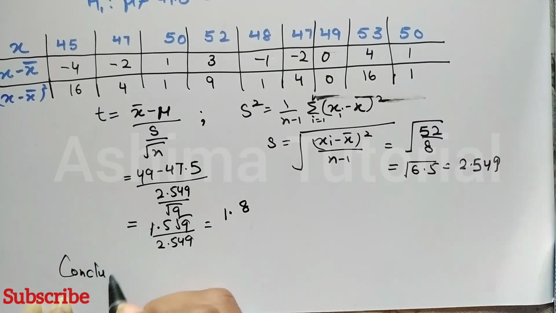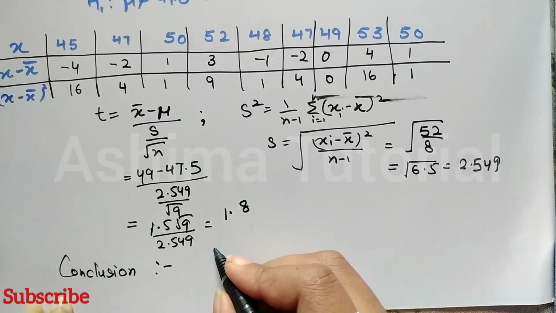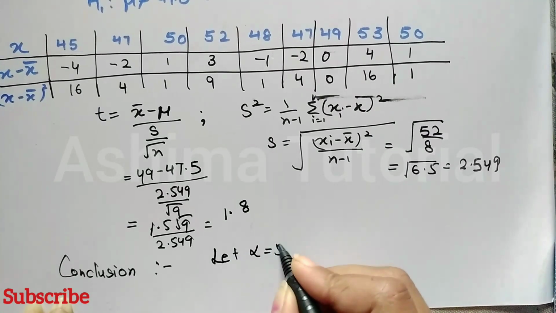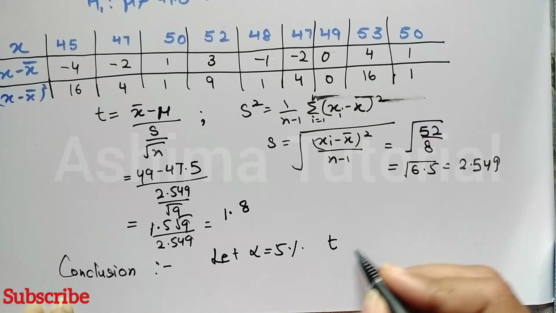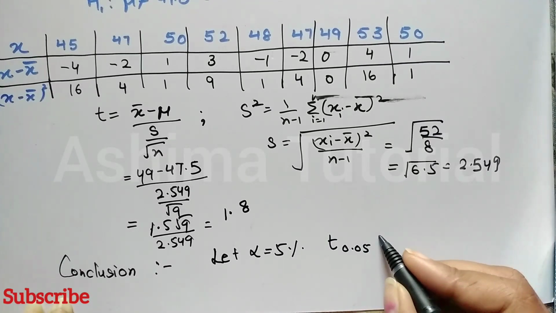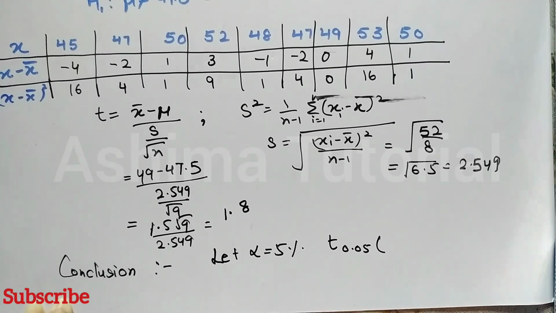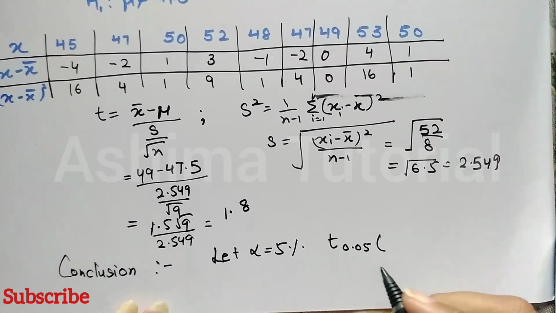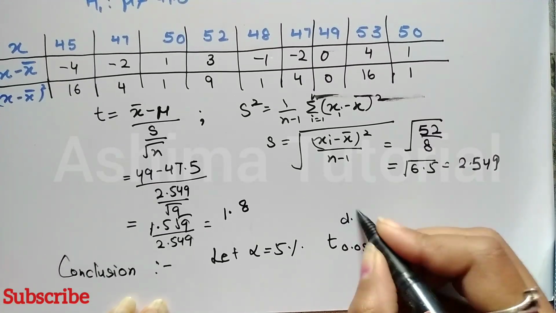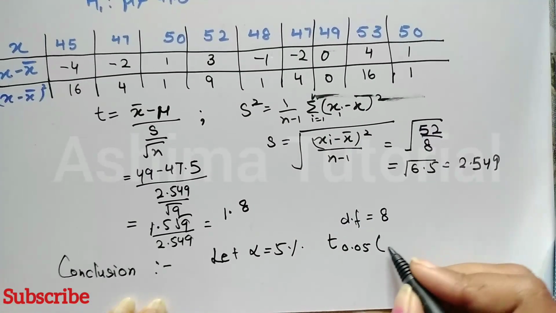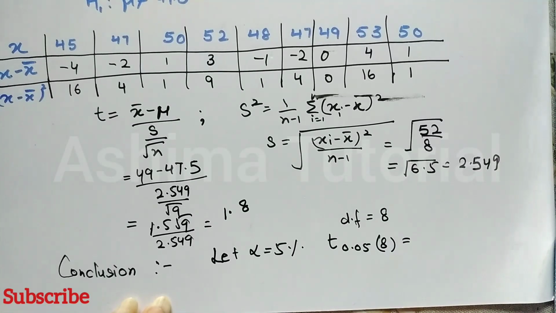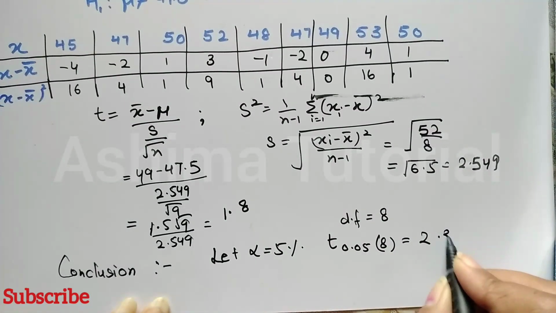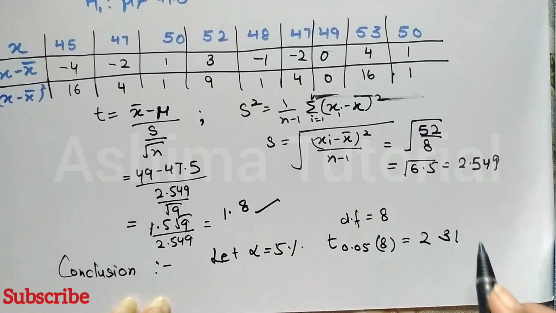Now conclusion. Let alpha is equal to 5%. Then t 0.05 at degree of freedom 8 is equal to, by calculating this value from the t distribution table, 2.31.